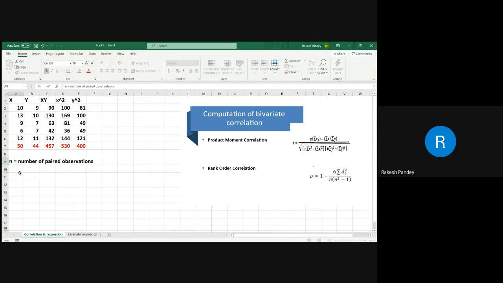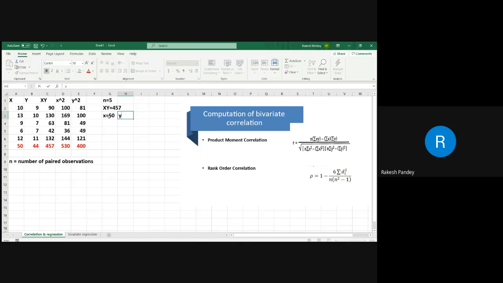So here let us put all the values. N is equal to 5. Summation xy is equal to 457. I am just writing it as summation xy. Summation x is equal to 50.